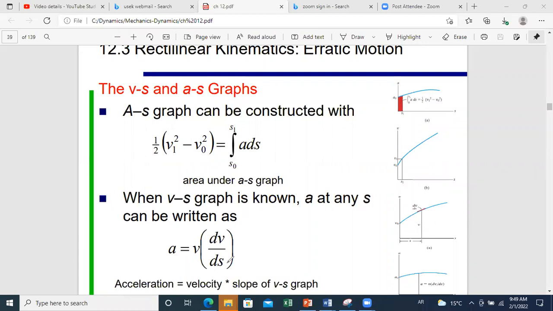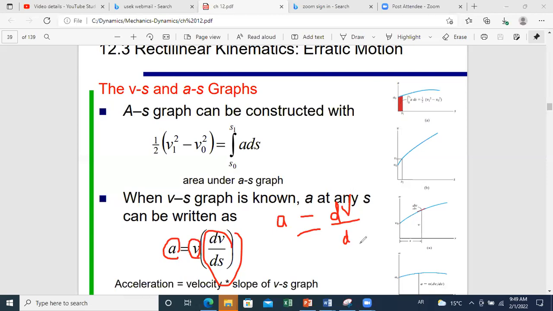Okay, so what does v times dv mean? This means that from the differential equation, to get the acceleration, you should at a certain point multiply the velocity by the slope. When you have v function of time, the acceleration just represents the slope of velocity with respect to time.